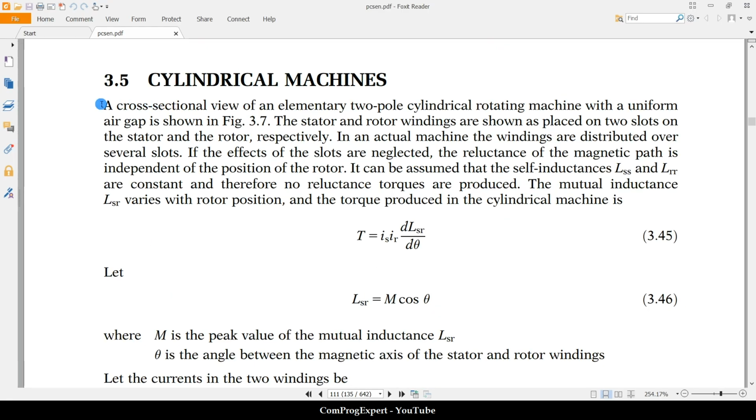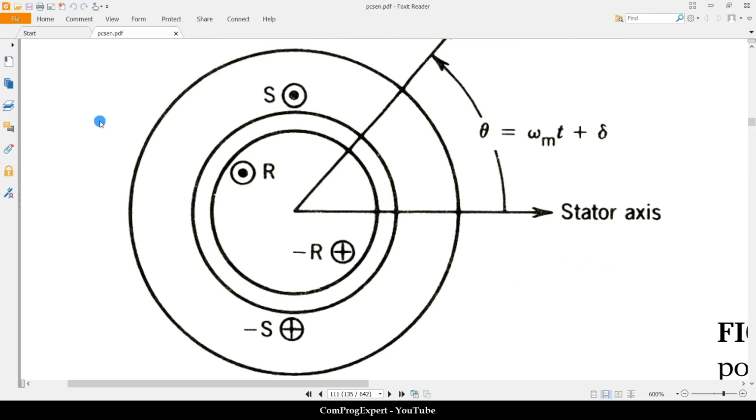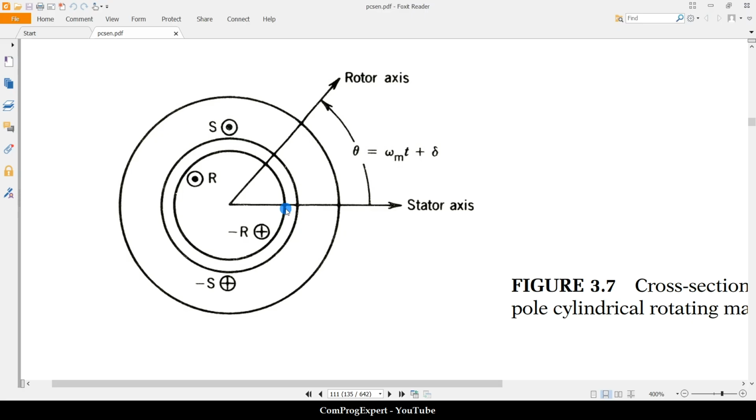A cross-sectional view of an elementary two-pole cylindrical rotating machine with a uniform air gap is shown in this figure 3.7. In this figure, we have one coil on a stator. You can see the direction of the current, out of the paper and into the paper.